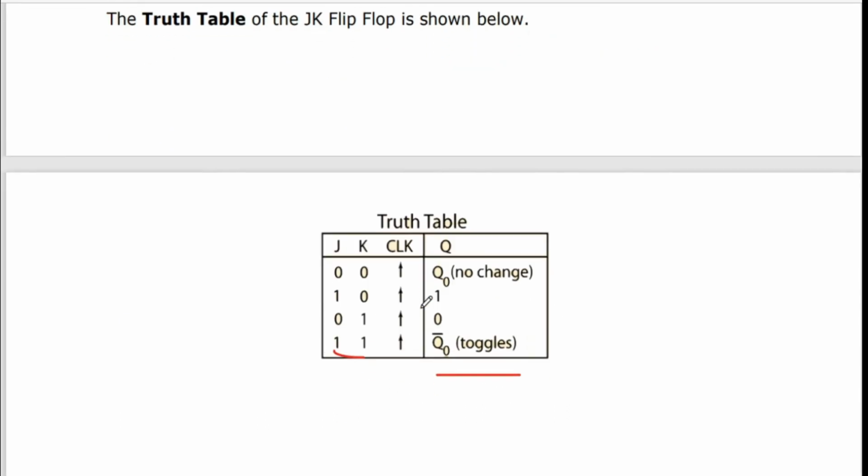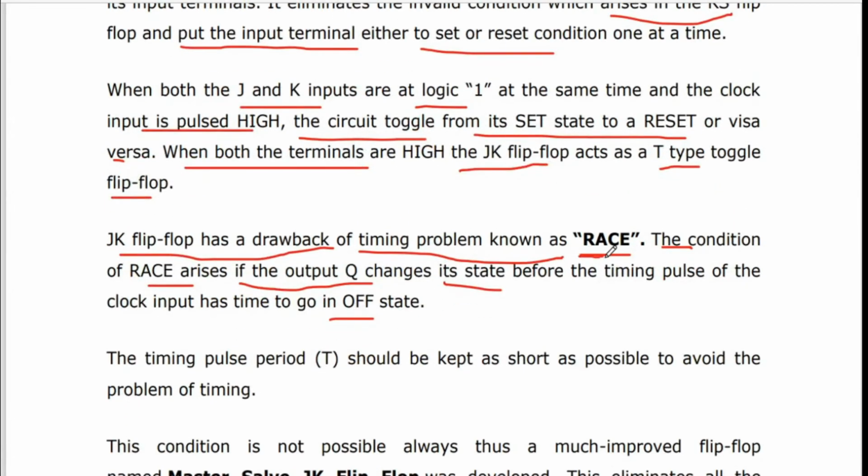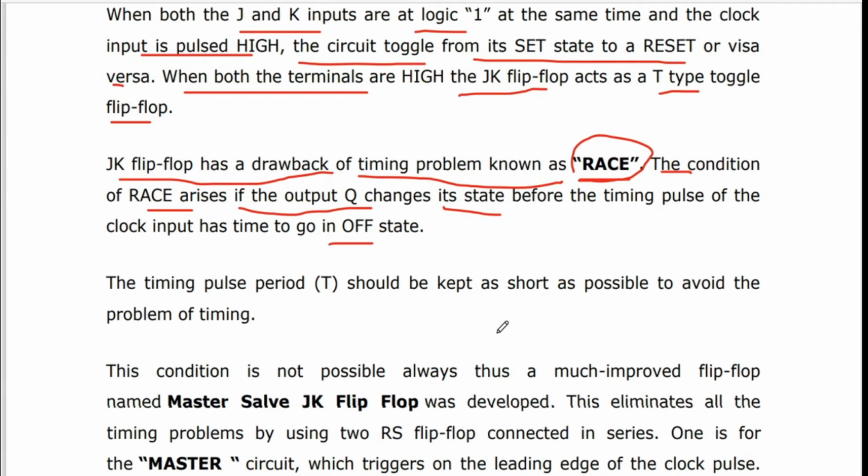Because of that, we call this condition a race condition. So what is to be done? The timing pulse period T should be kept as short as possible to avoid this problem. So the clock pulse timing should be kept as short as possible to avoid this problem.